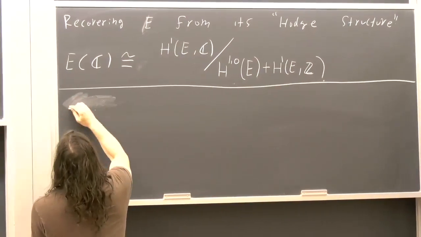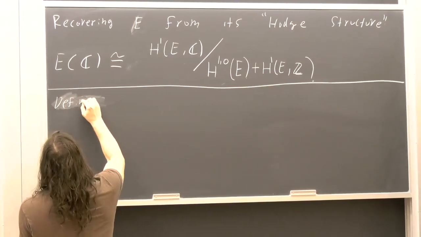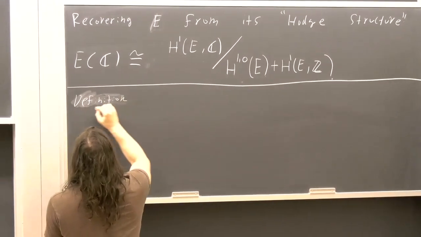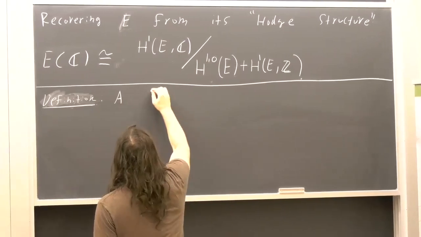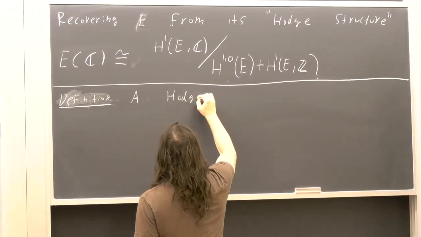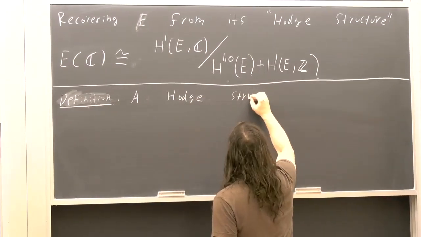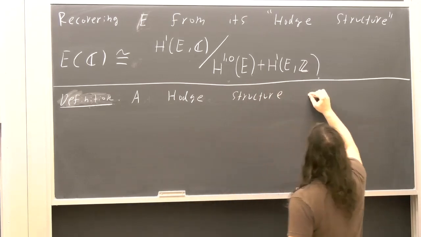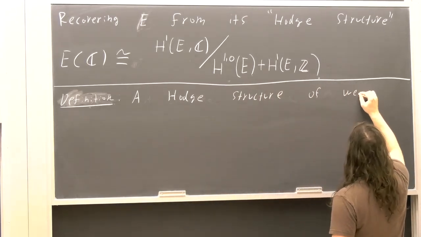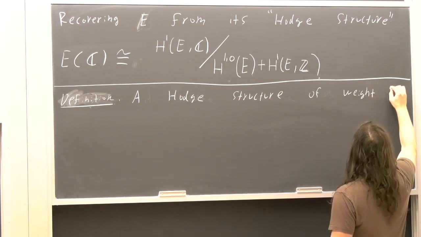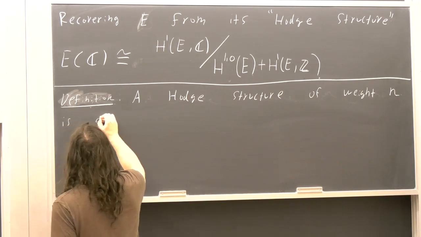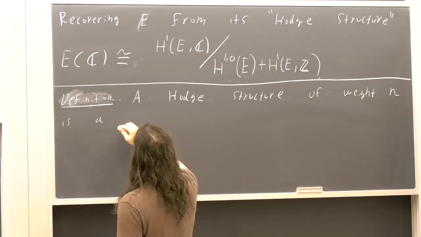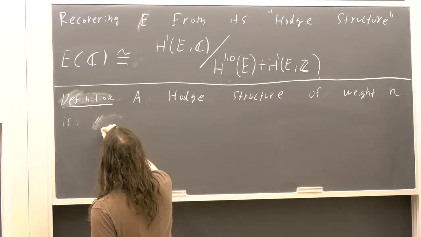Let's define what a Hodge structure is in general. So a Hodge structure of weight n is the following data.